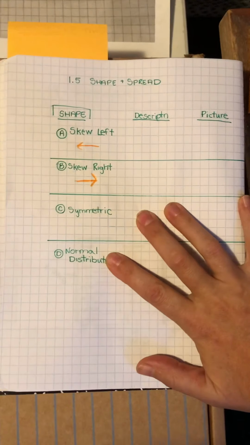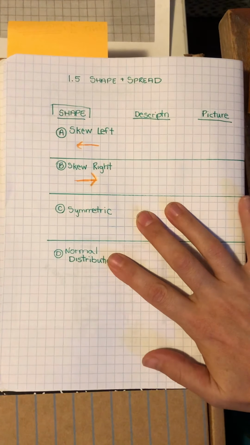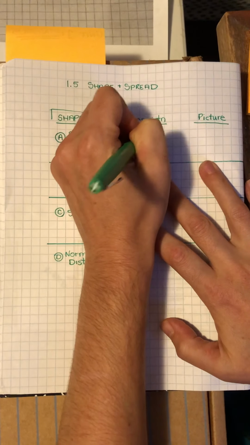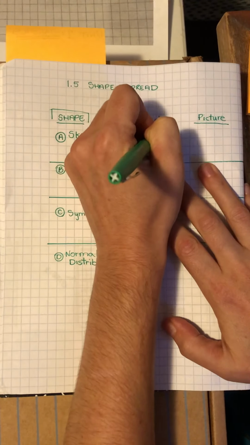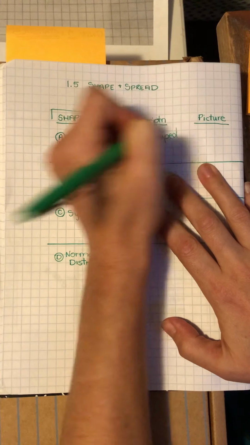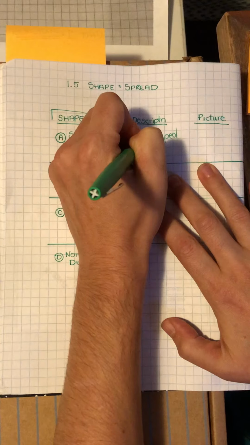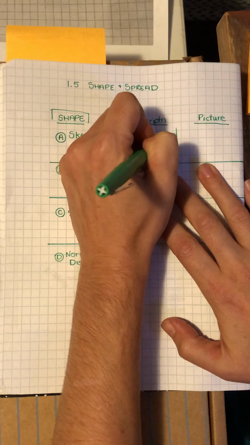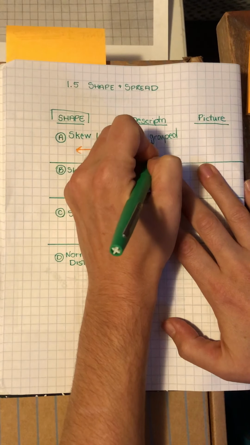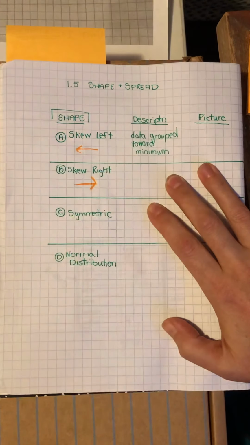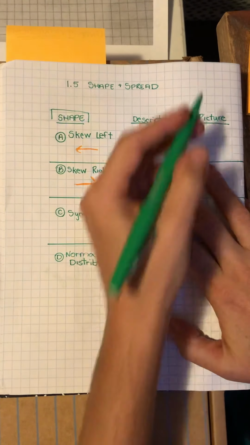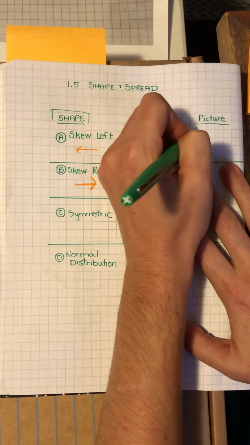I'm working on it. Okay, so for skew left, the data is grouped towards the minimum. And I think pictures can be really helpful. So you'd have a histogram that might look like this.